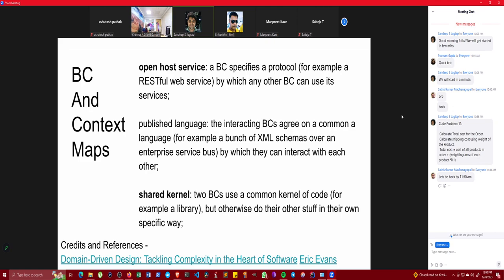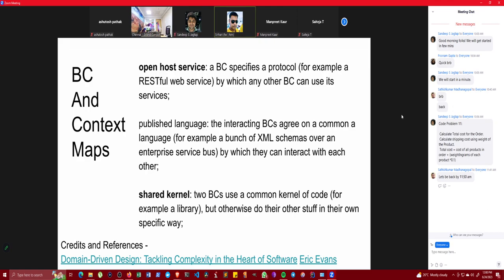So I would avoid a shared kernel for the domain model. You have to be very careful about why you are doing it. You need to have reasons. Go ahead, Sri.